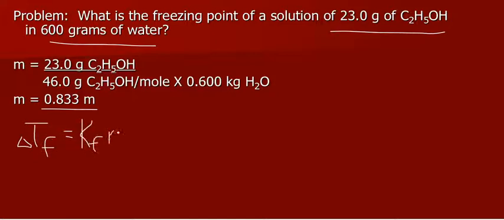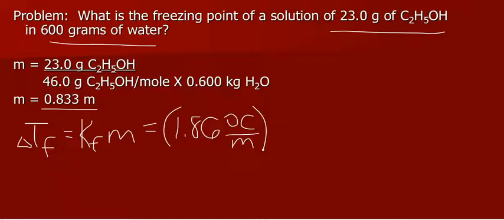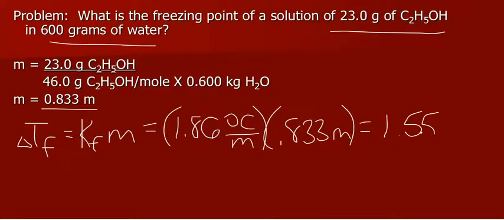Equation for freezing point, we're going to take Kf. My solvent is water, so 1.86 is the Kf value for water, times the concentration. So the change in freezing point is 1.55 degrees Celsius.